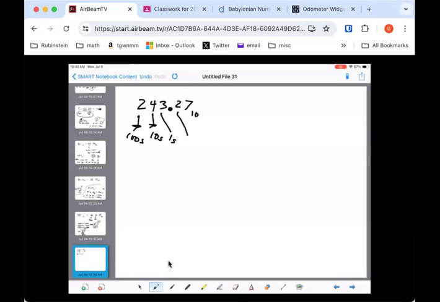After the decimal point, the first place is the tenths, and the second place is the hundredths, which is also 1/10 squared. That's our base 10 system. So this happens in base 60 also.